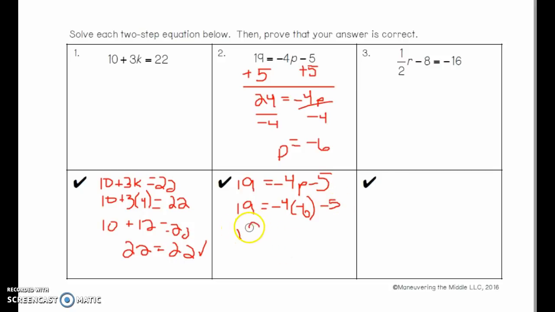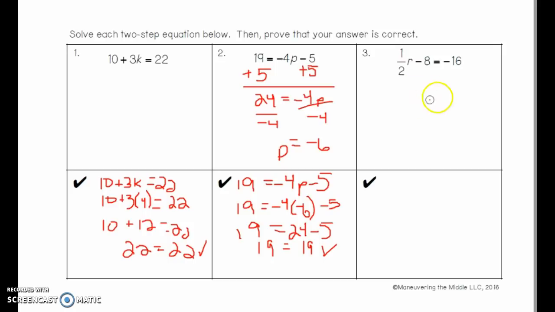So if 19 equals, now a negative times a negative is a positive, and 4 times 6 is 24. So if 24, and when I subtract 5, I do believe that we will get 19. And 19 equals 19. Don't forget, the reason for your check is to make sure you did the work correctly.